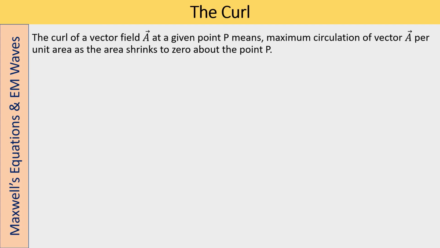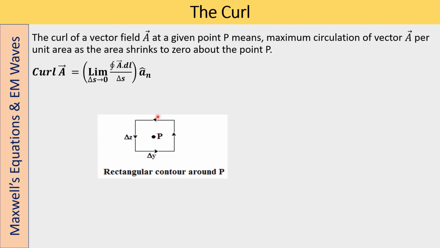The curl of a vector field A at a given point P means the maximum circulation of the vector A per unit area as the area shrinks to zero about the point P. If you consider a rectangular contour here, the maximum circulation of the vector A around this point P as the area shrinks to zero is called the curl of a vector field.